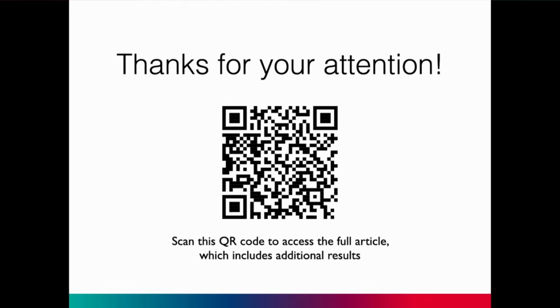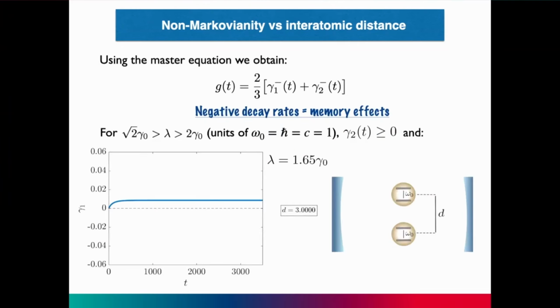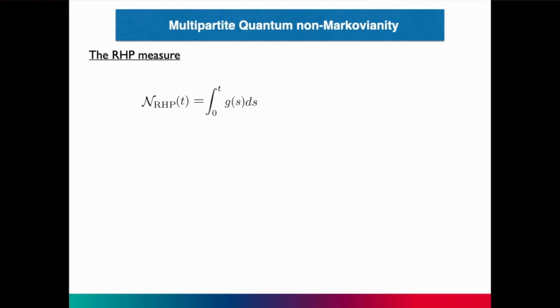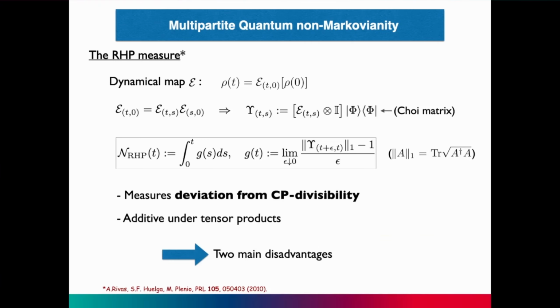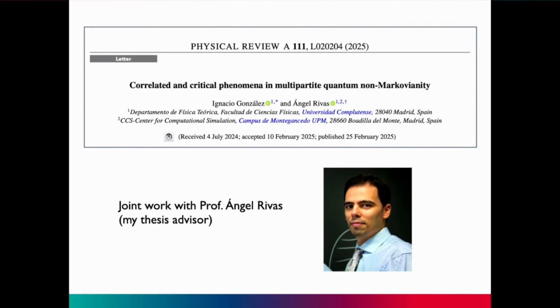Thanks for the talk. I wanted to ask about the exact master equation you derive. You said you have a Lorentzian spectral density, and so is this related to a reaction coordinate or pseudomode technique for a Lorentzian spectral density, or is there some other technique for this master equation? I mean, we just propose the exact Schrodinger equation for the whole system of the cavity and the two atoms.